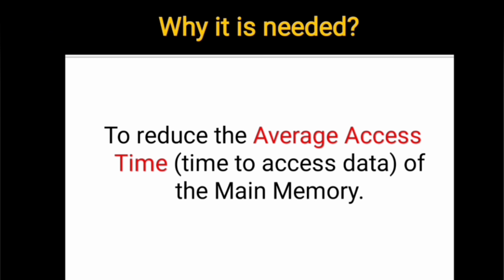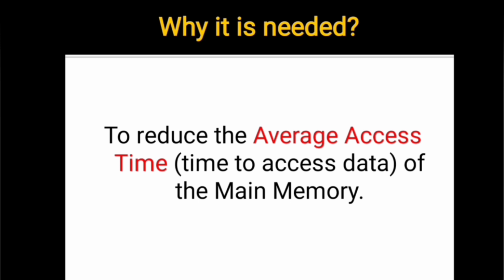Now, if I want to reduce the average access time of the main memory, that is the time required to read data from the main memory, this memory can be used to reduce it.